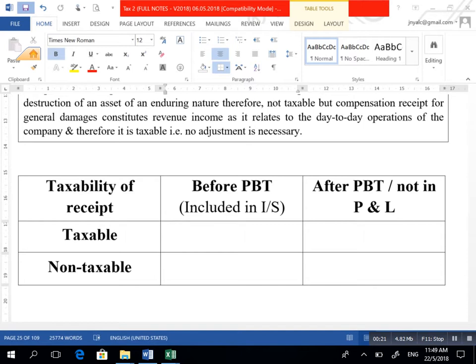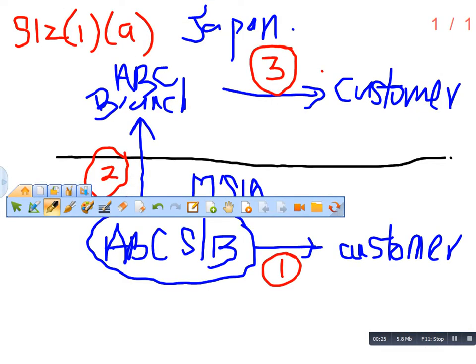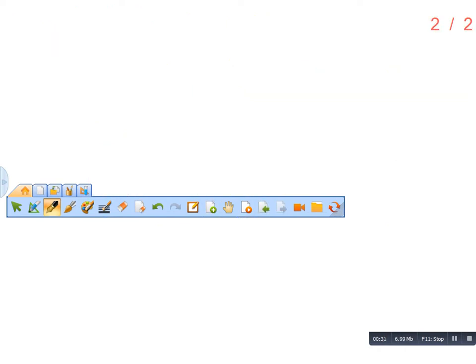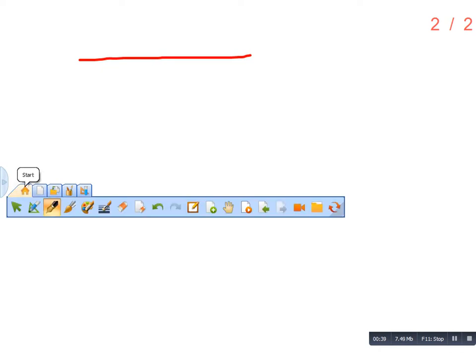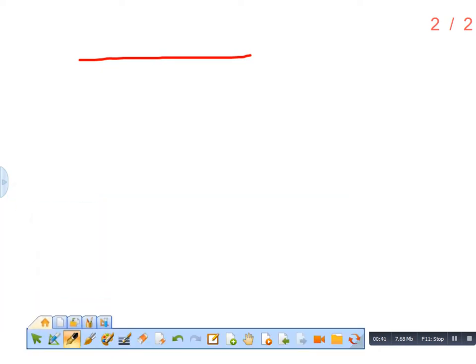First of all, let me just give you an example for the profit statement first, okay? Alright, now let's say this is the income statement.